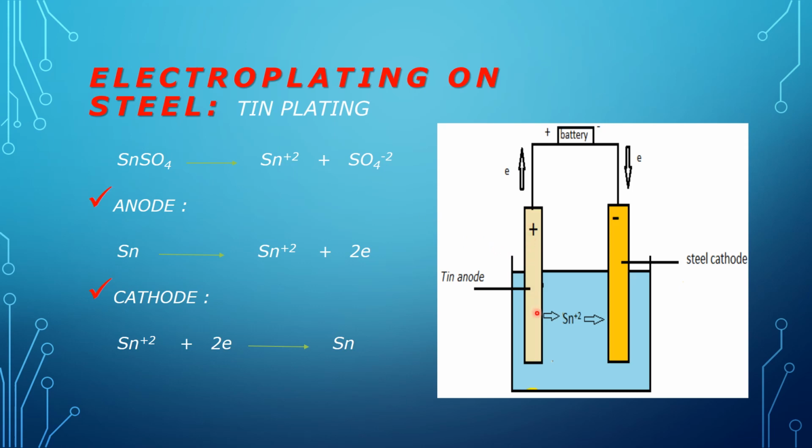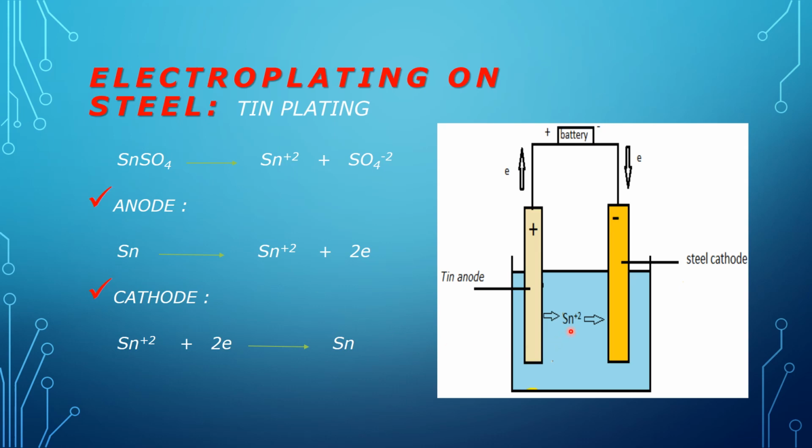Anode is the one that loses electrons and converts into stannous ions. Tin is losing 2 electrons and converting into stannous ions. Tin is soluble in water only in the form of ions.